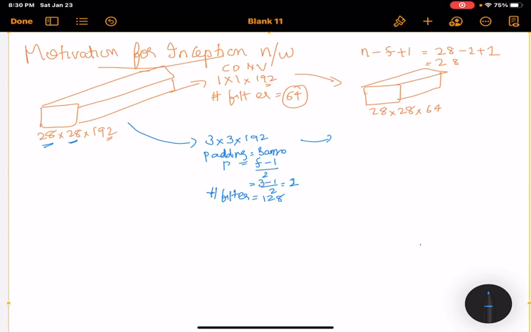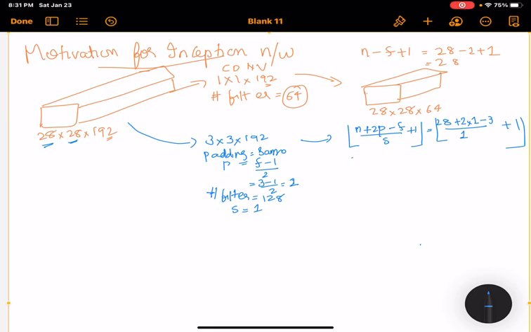So when I do this, the output would be (N plus 2P minus F) by S plus 1, which is equal to the N, size of the image, 28, plus 2 into padding, which is 1, minus the filter size 3, divided by a stride of 1. So I will take the stride to be 1, and plus 1.